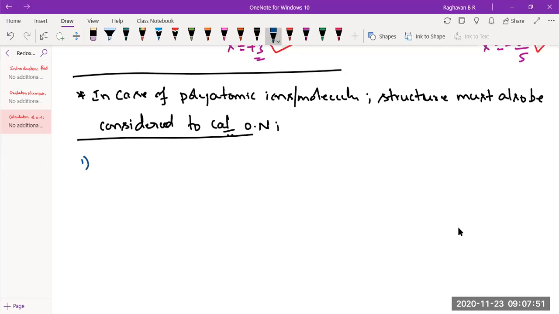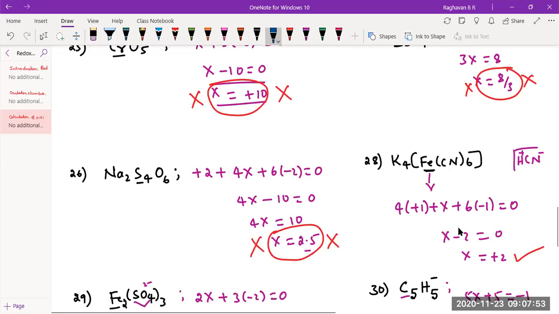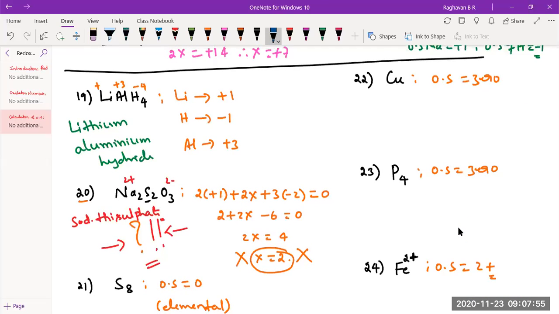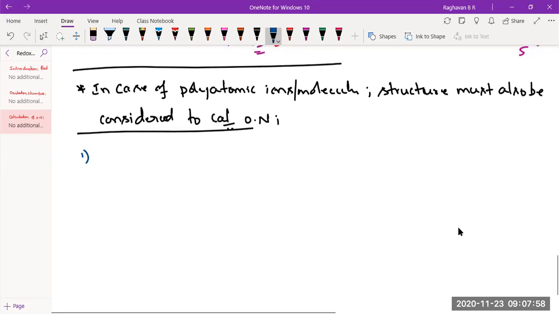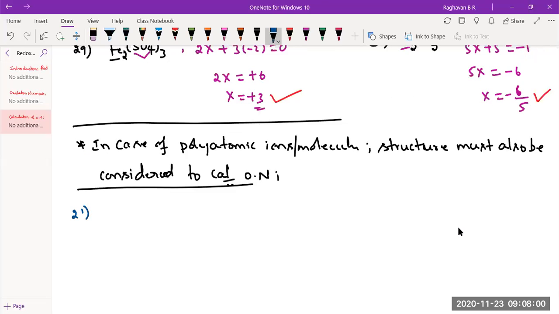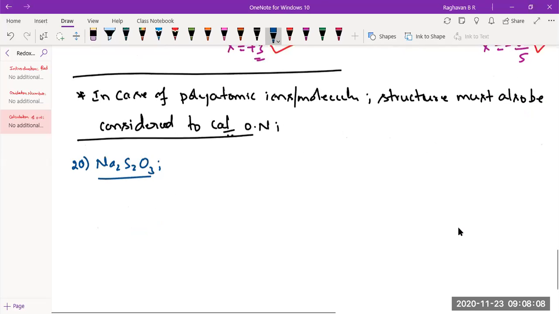So that is the case of number 20. Let me write the same number. This is sodium thiosulfate. Here the structure is actually like this.